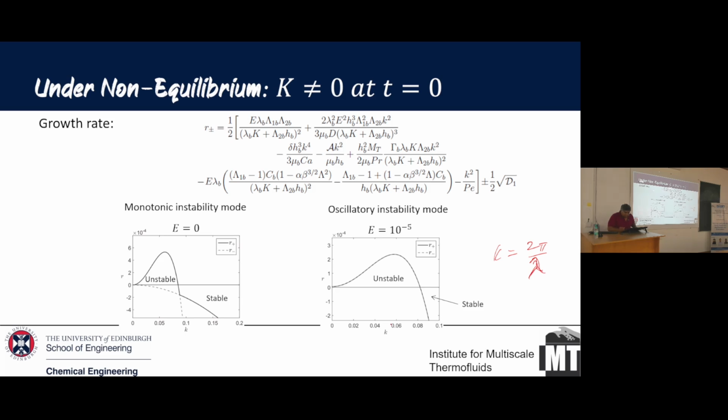So whenever k is small, wavelengths are high. Okay? So if k is small, that means it's a long wave. That's why we call it a long wave instability. And whenever lambda drops, your k is very high. So at high wave numbers, you have very tiny wavelengths.